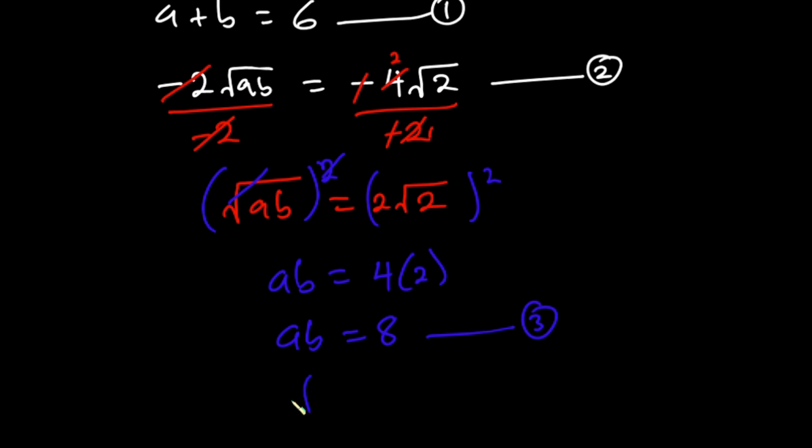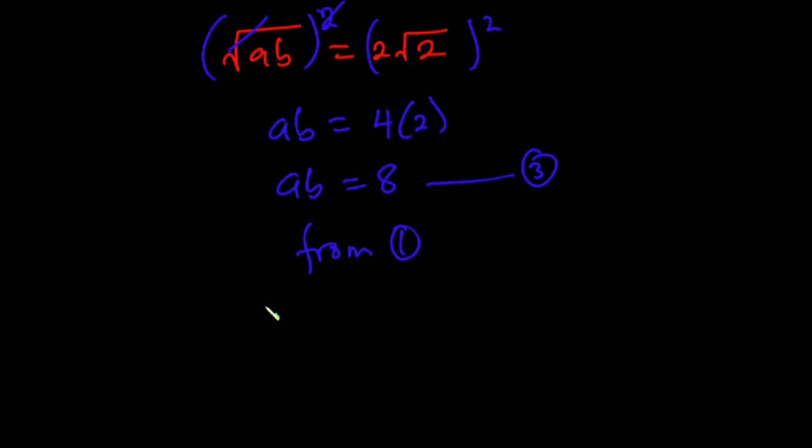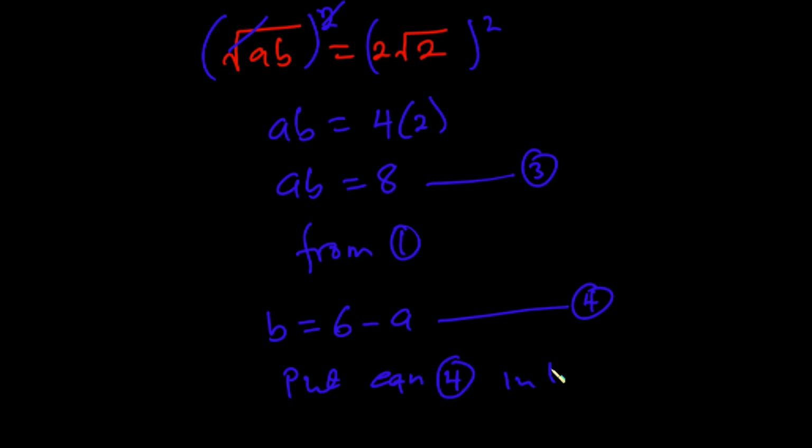And now from equation 1, this equation, let's make b the subject, right? So we have b is equal to 6 minus a. And we will call this equation 4. Now put equation 4 into equation 3.